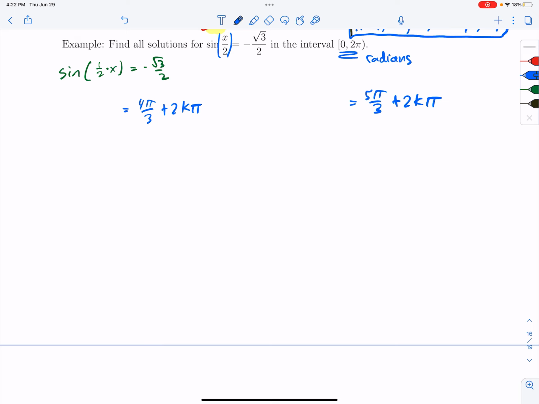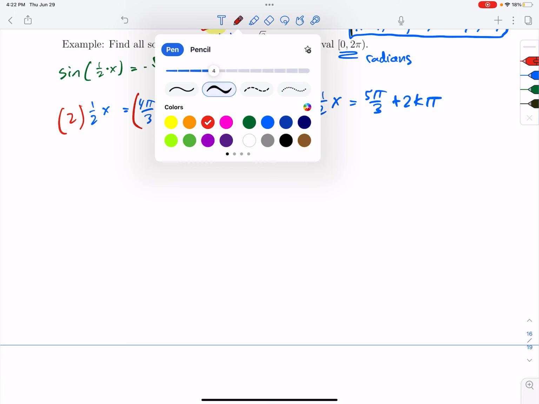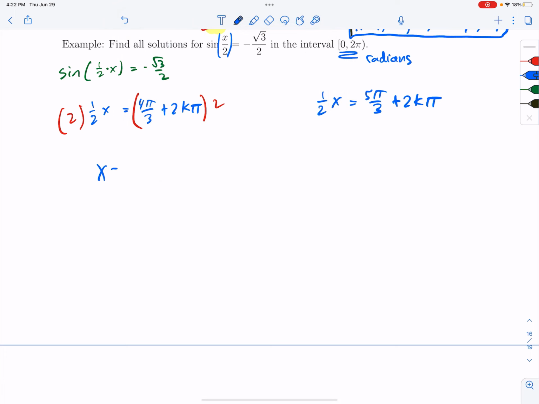Sorry about that. So 1/2 x is what each of those are equal to. Okay, so to solve both of these for x, well, let's just do the left equation. To solve this for x, I'm going to multiply by 2. So I'm going to multiply both sides by 2 here. And then we're going to have x is equal to 4/3 pi times 2 is 8/3 pi plus 4k pi.